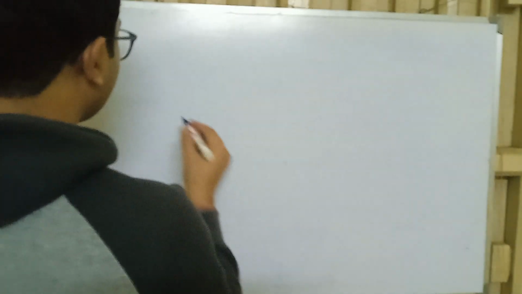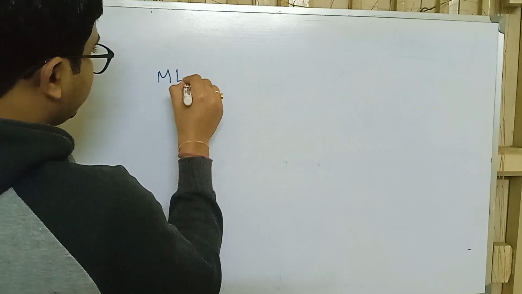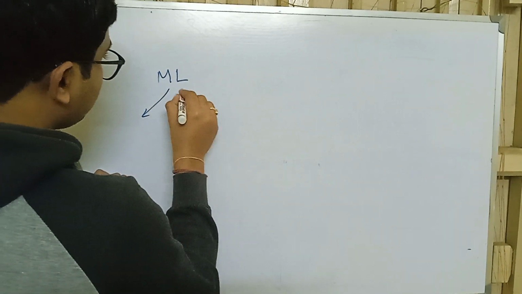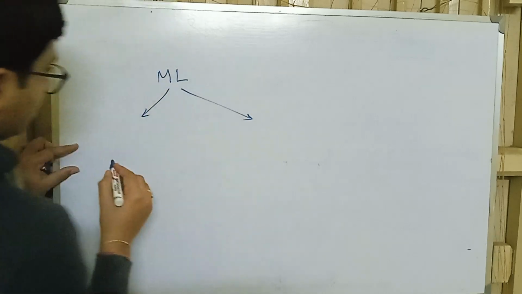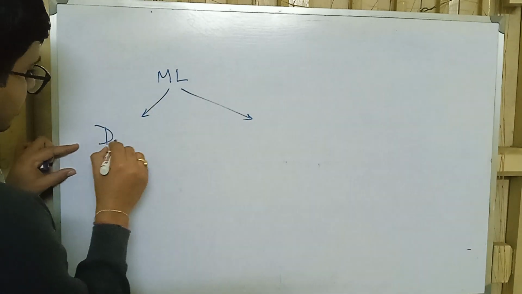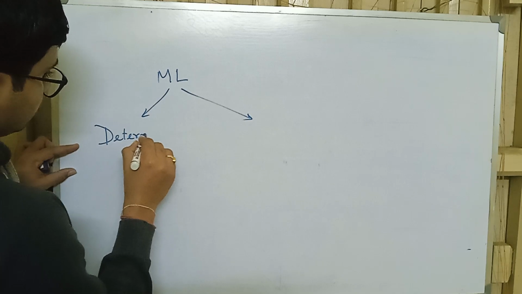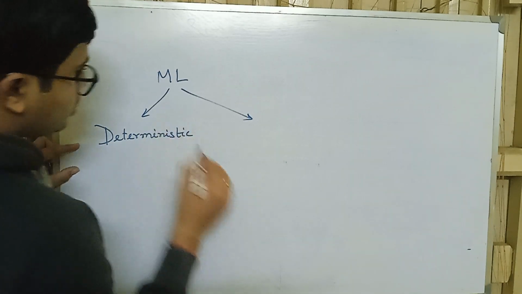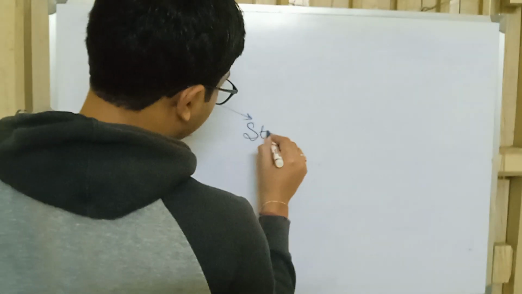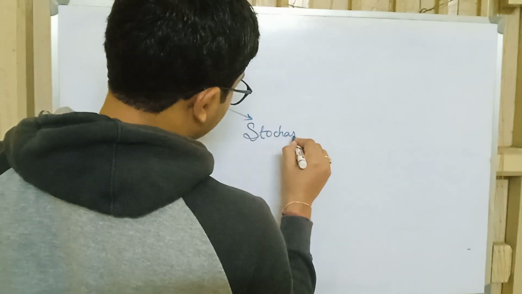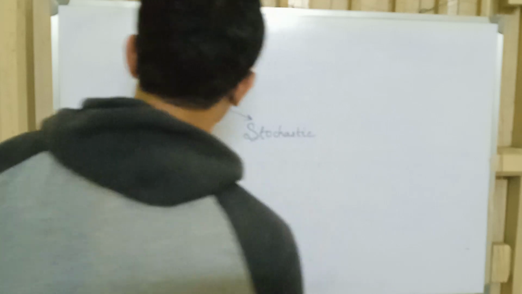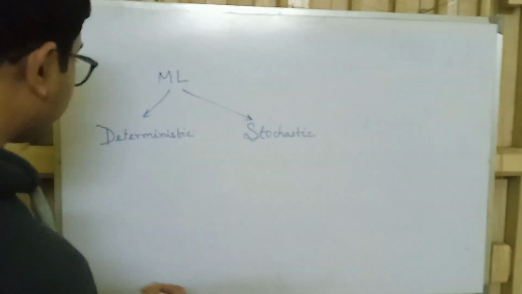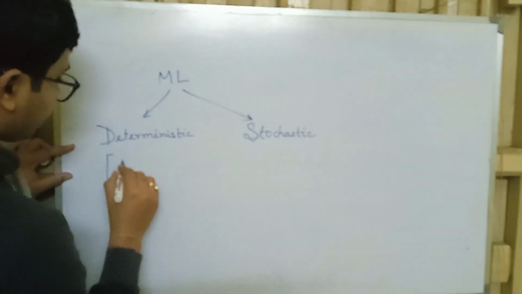Machine learning has two types. One is deterministic, one is stochastic. Deterministic is mainly back propagation.